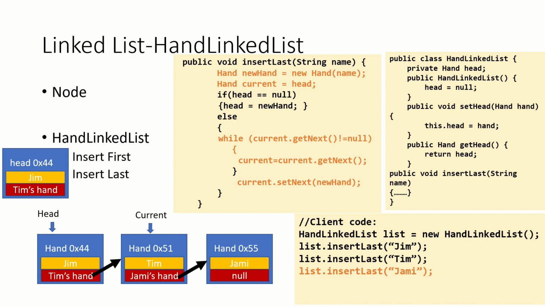Okay. So in the linked list, we use the node for each individual hand. If we talk about the linked list, each class we think of as a node, not a hand. I'm using a hand so you can understand easily using that picture.